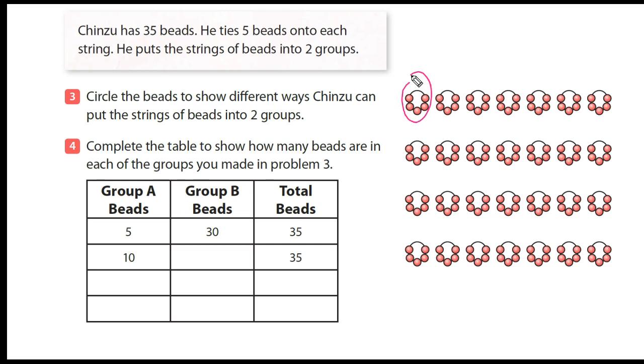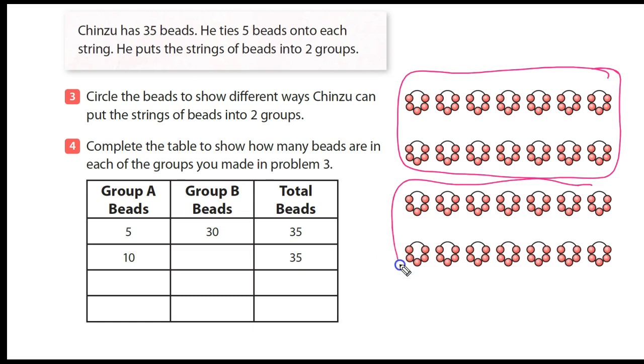Well, he could do this. He could make one group, right? And another group. He could do it that way. It looks like he's got 35 in each group. 35 here, 35 here, 35 here, 35 here.